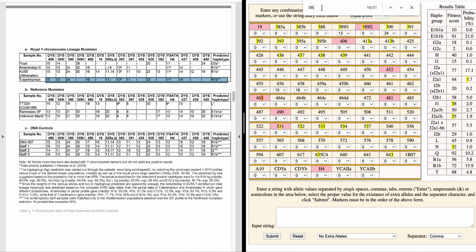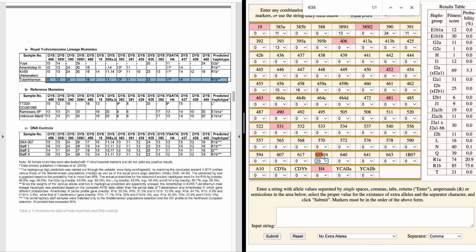So 385 Alpha, it's gonna be 11. And then the Bravo is blank. 393, it's 13. 391 is 11. 635 is 23.